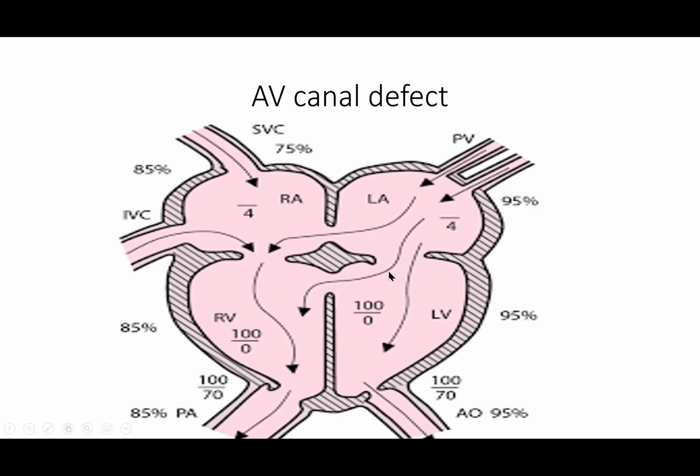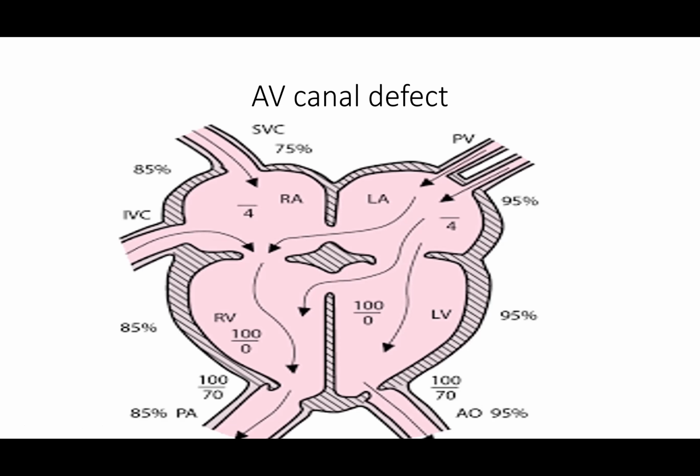And one way to tell, especially if you're imaging a patient and you don't have an op report, sometimes these patients have no idea what has been done to them as kids. All that they will tell is, oh, I was born with a heart defect and I was fixed. I don't know what's wrong with me. They don't come with their parents, so you have no idea what you're dealing with.